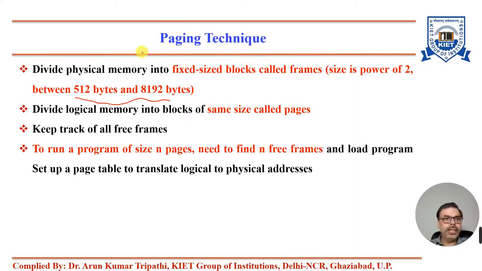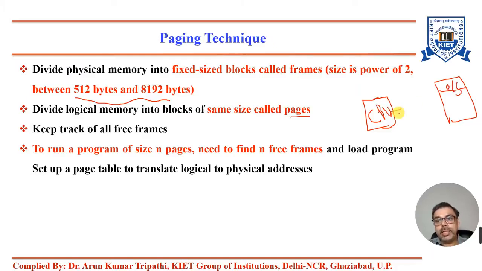Dividing the logical memory into blocks of the same size is known as pages. The CPU generates the logical address. The logical address space is divided into pages, and physical memory is divided into page frames.